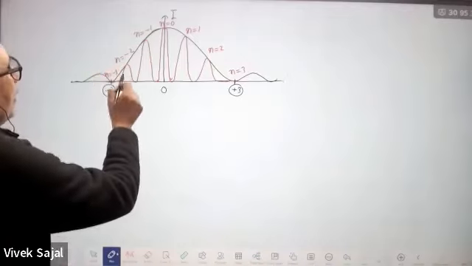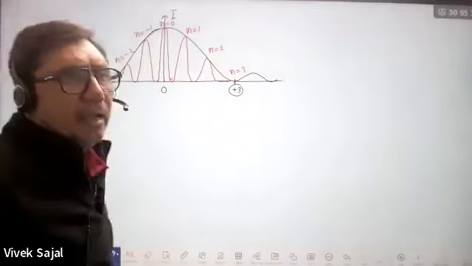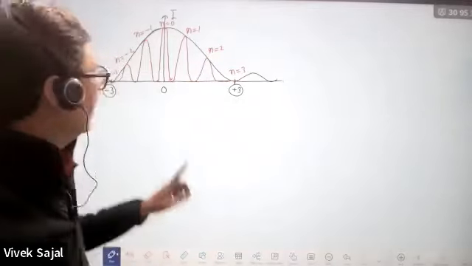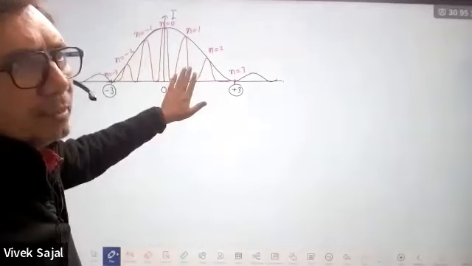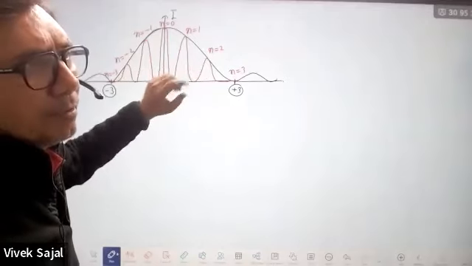They are missing. So how many are present inside the envelope? If the third order is missing, 2 on this side, 2 on this side. So 2 plus 2 plus 1, 5.